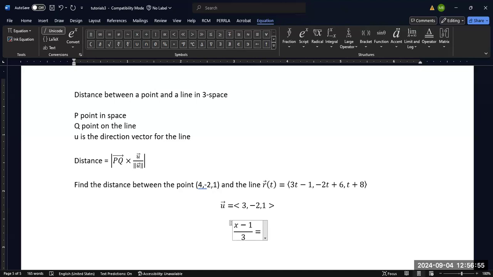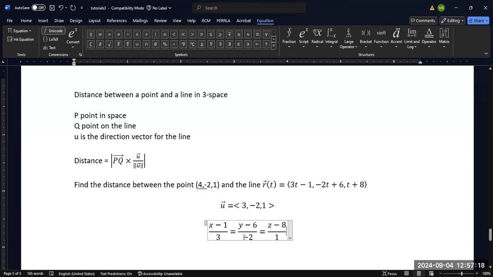Now, the alternative form, like symmetric equation form, would be x minus 1 over 3 is equal to y minus 6 over -2 and z minus 8 over 1. This would be the symmetric form. And in this case, you would pull the coefficients essentially out of the denominator.